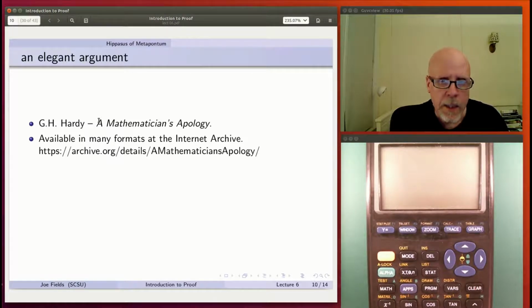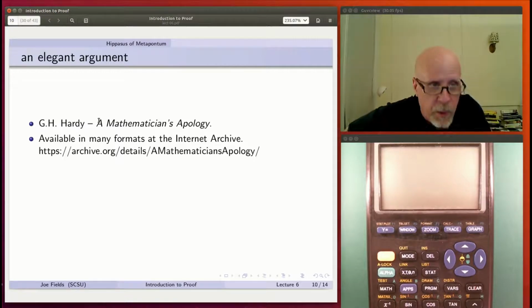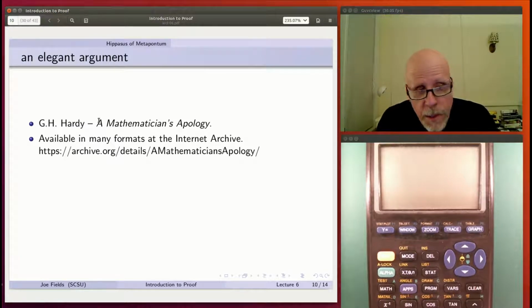He did not like the idea that any mathematics could be applied to activities that would harm people, that would get them killed. And part of what he says in A Mathematician's Apology is that pure mathematics, what he did was number theory, which is arguably the purest of math, or he also mentioned relativity theory, those things would probably never be used to kill other people for centuries because they just didn't have that applicability.